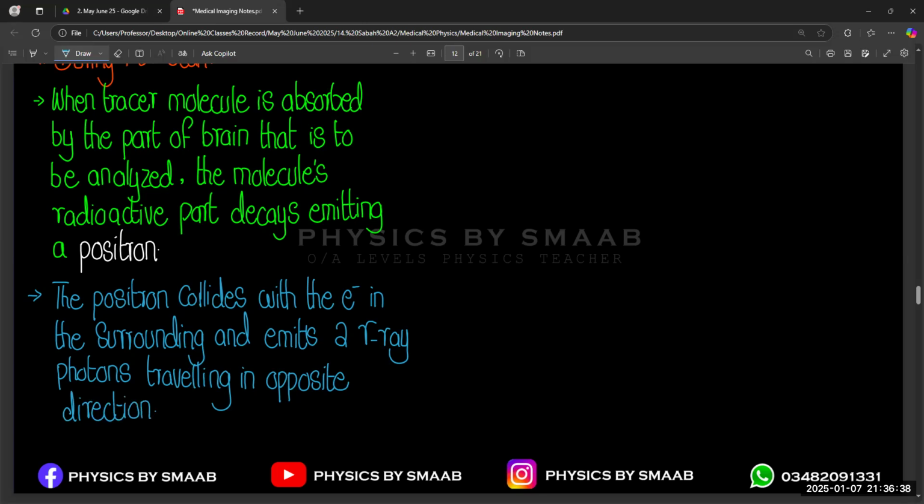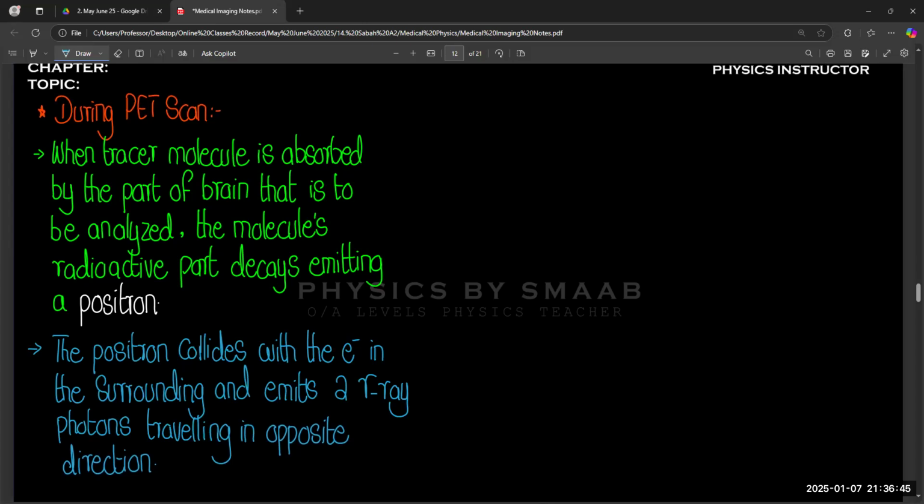So we already mentioned this main concept in the start, that this will happen in the PET scan.